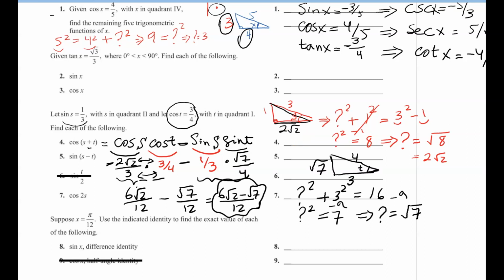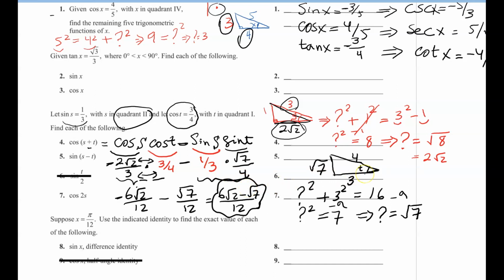Then you're going to plug it back into the cosine. Knowing that it's in the second quadrant, you put adjacent over hypotenuse, negative 2 root 2 over 3. Then using the same method, you're going to find sine t.